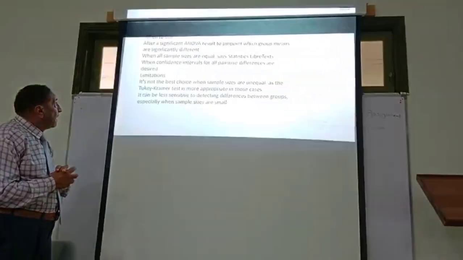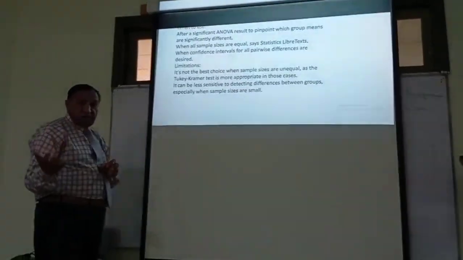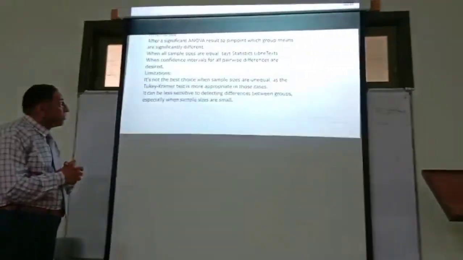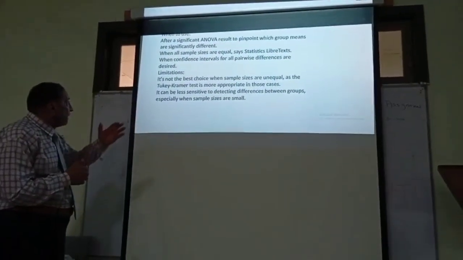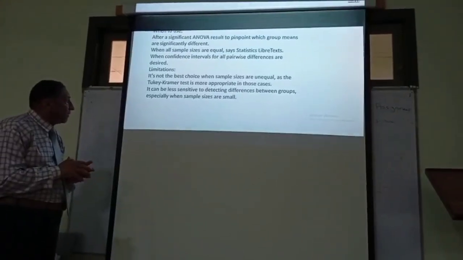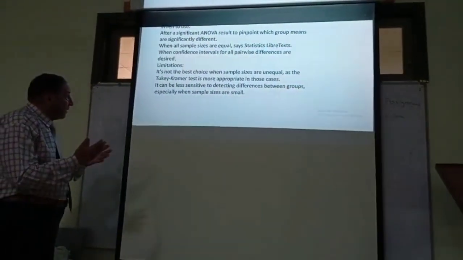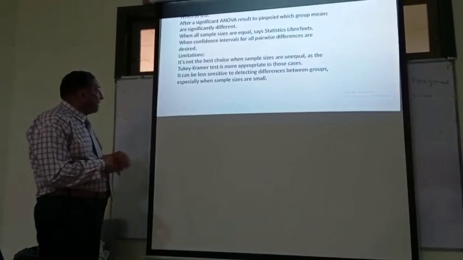Next. When to use: after a significant ANOVA result, to pinpoint which group means are significantly different. Limitations: it is not the best choice when sample sizes are unequal. So if the sample sizes are equal, then it is good, but if they are unequal, it is not the best choice.